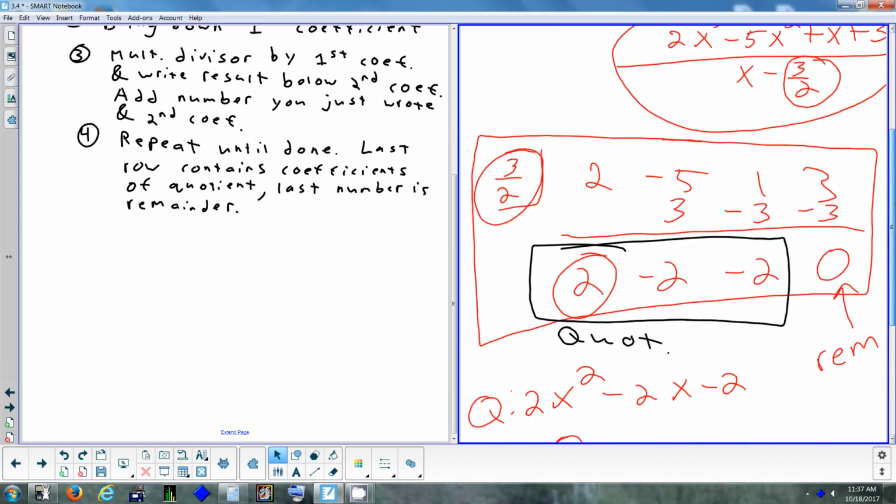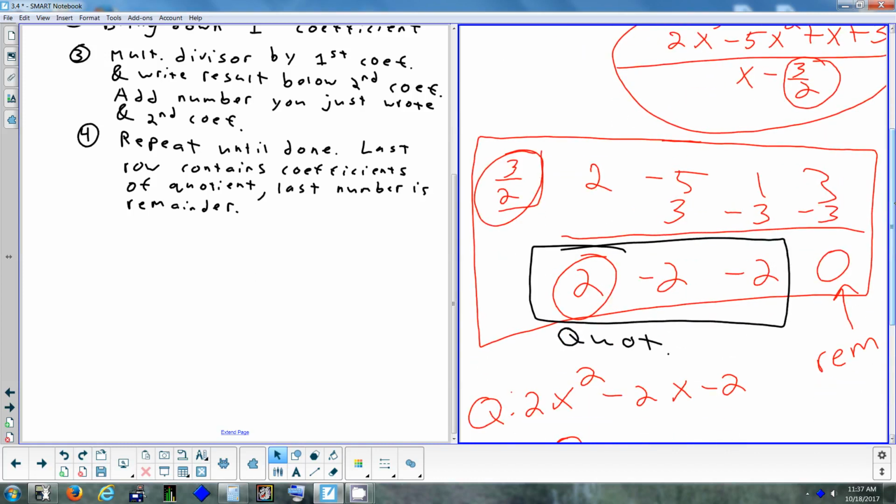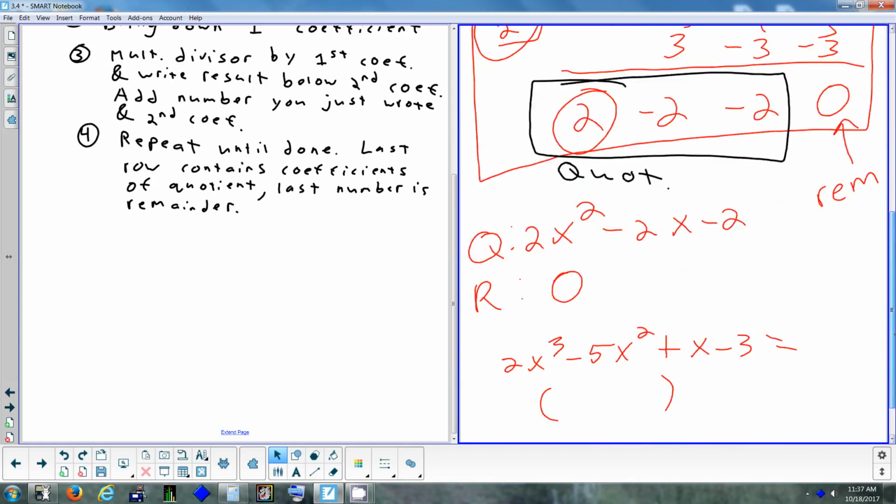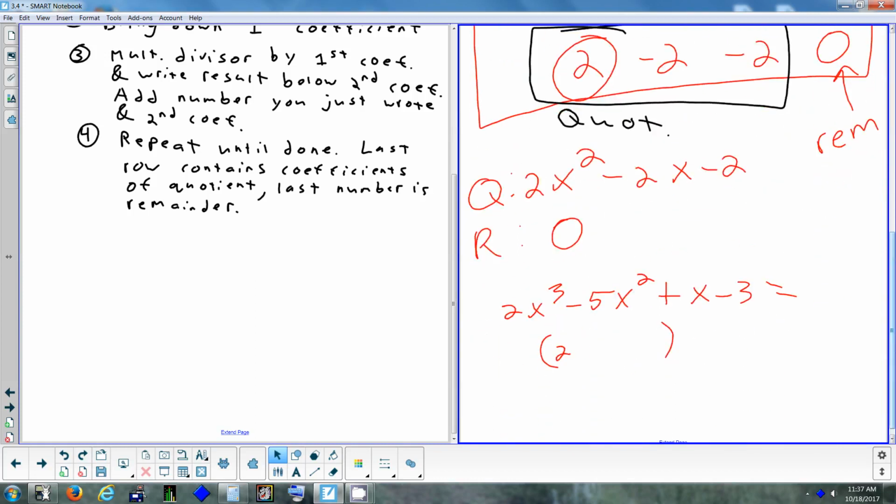Yes, the quotient. Remember we said if you divide two things, like if you take 12 and you divide by 4, the quotient, whatever the answer is to 12 divided by 4, that is a factor of 12. So, as Josh just said, the quotient is a factor. 2x squared minus 2x minus 2. But there's one other one.